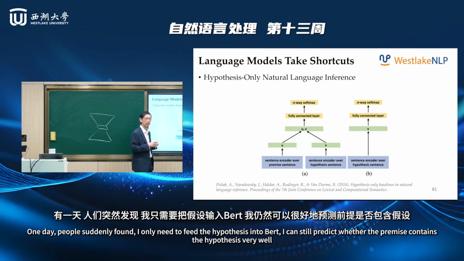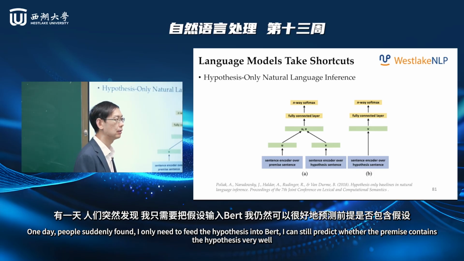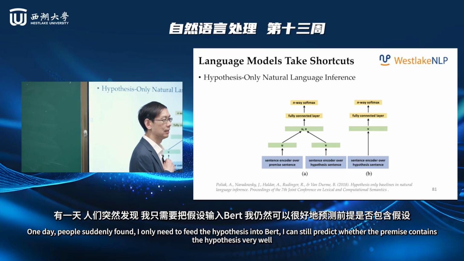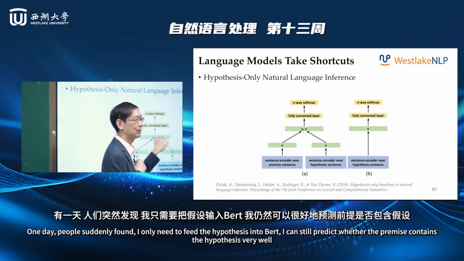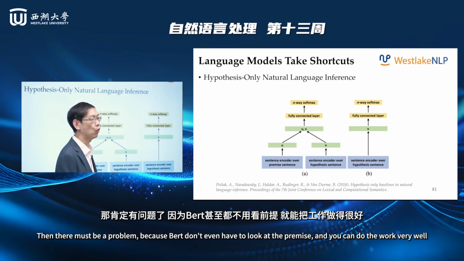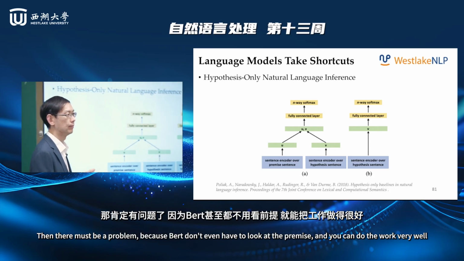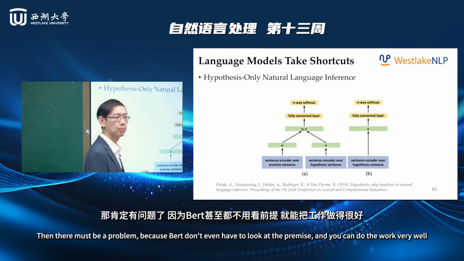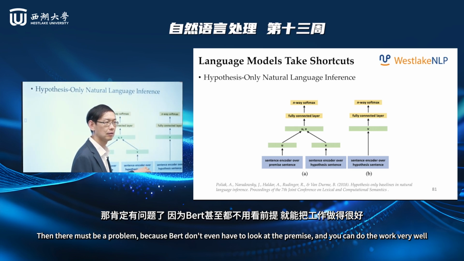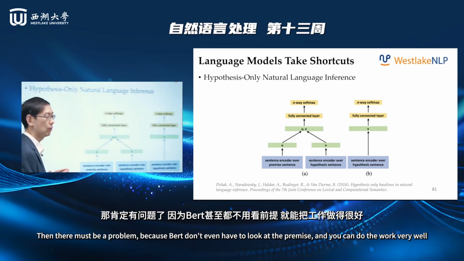One day, people suddenly found, I only need to feed the hypothesis into BERT. I can still predict whether the premise entails the hypothesis very well. Oh, then there must be a problem. Because BERT doesn't even have to look at the premise, and you can do the work very well.